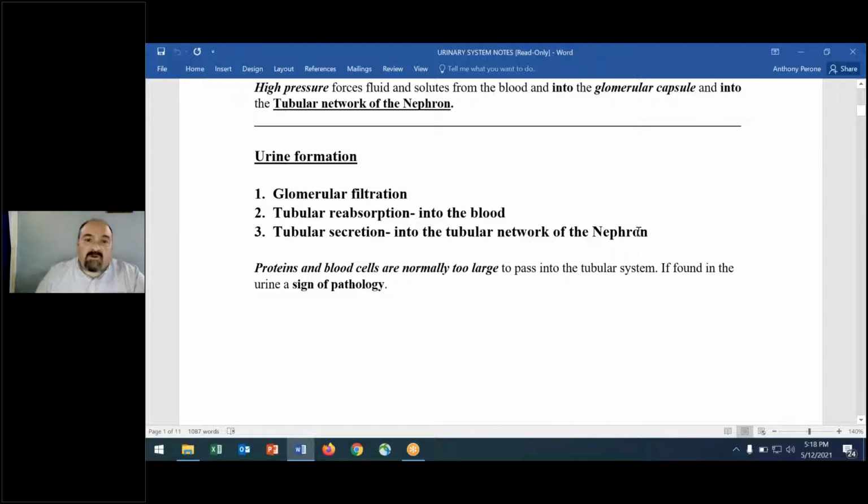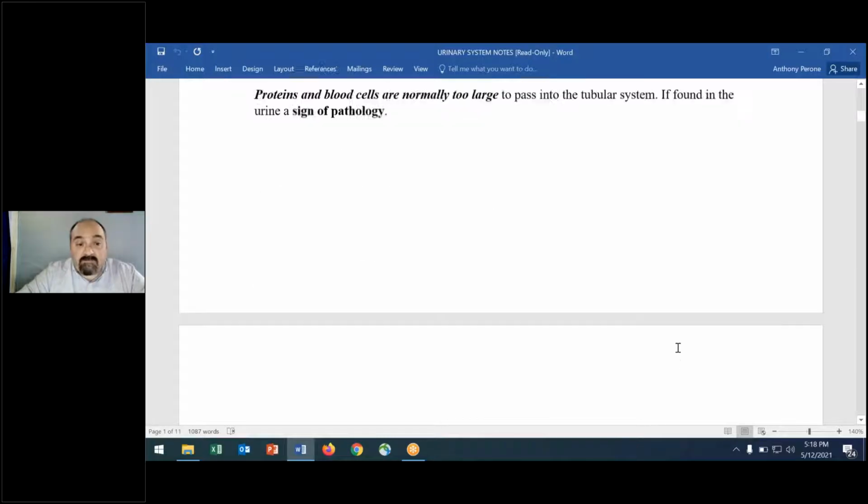What about other hormones, such as aldosterone? So the significance of these hormones and how they affect the ability to absorb or not absorb substances and create a really concentrated urine. Okay?